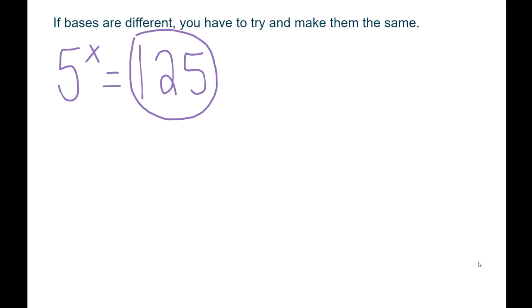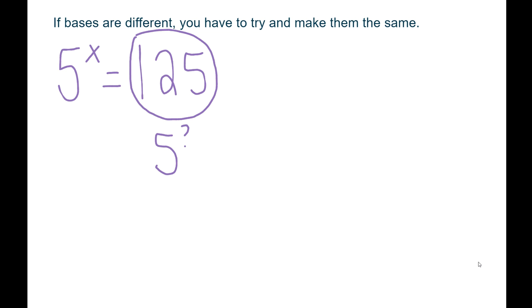So for example, if we have something like this, 5 to the x equals 125. Well, clearly, those are not the same bases, and you could probably guess and check that on a calculator until you figure it out. But what you can do is figure out how could you write that as 5 raised to the something.